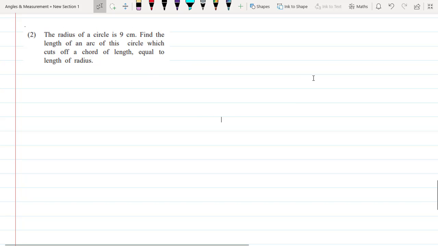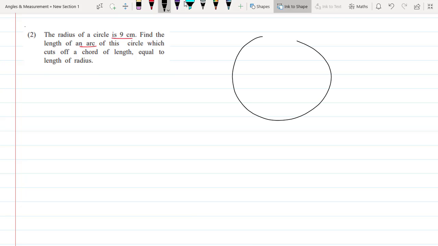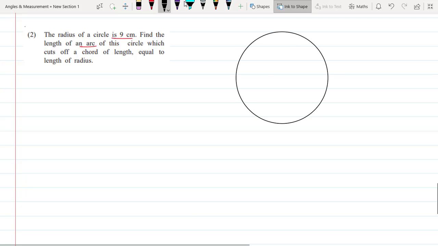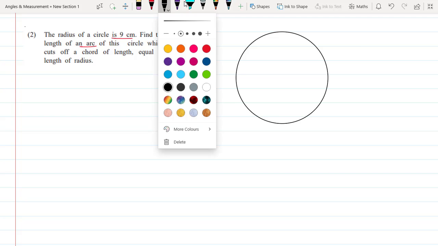Question number 2 says that the radius of a circle is 9 centimeters. Find the length of arc, meaning S is asked, for this circle which cuts off a chord of length equal to the length of the radius. Oh yes, that's a good question. See here, a circle and we have the radius.